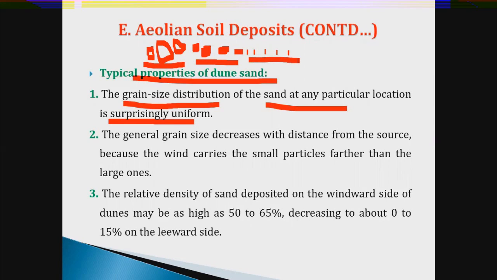Then the general grain size decreases with distance from the source, because the wind carries the smaller particles farther than the larger ones, like you can see in this picture.